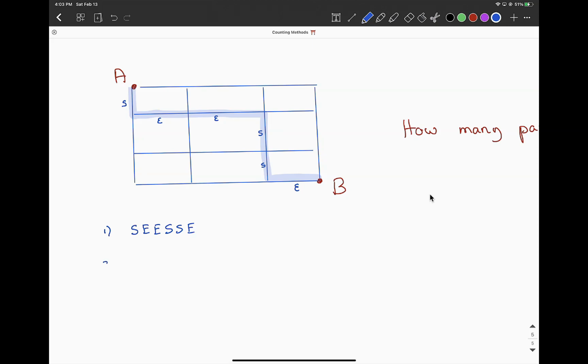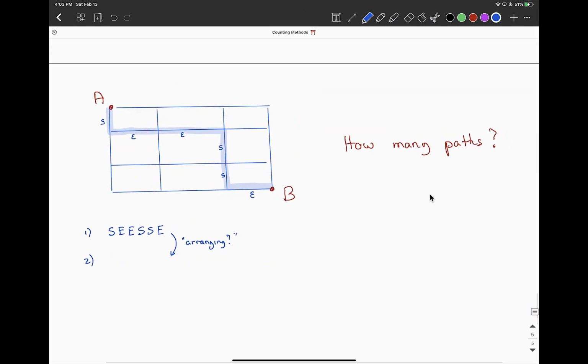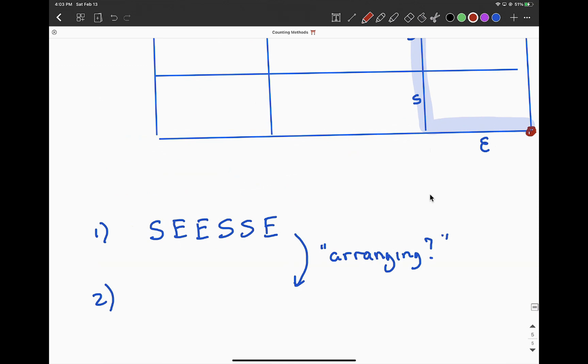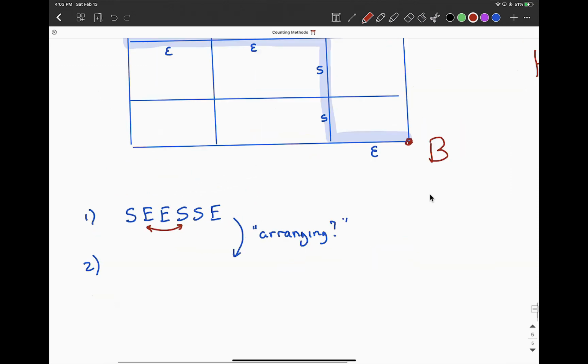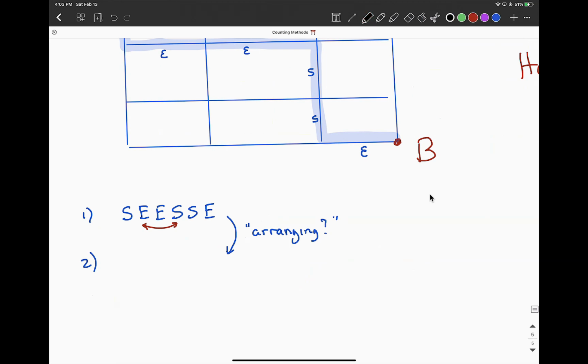Now, can I come up with a second one by just arranging them? Will arranging do what I want it to do and create pathways? Let's see. Remember, you can arrange them all. You can arrange any 2 you like. Any arrangement should work, rearranging at least. And so let me move the S and the E, creating south-south, east-east, southeast.